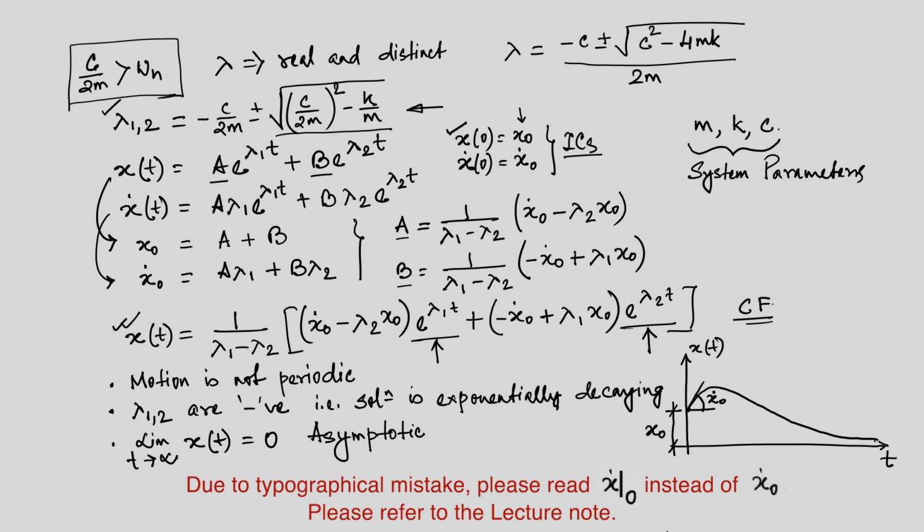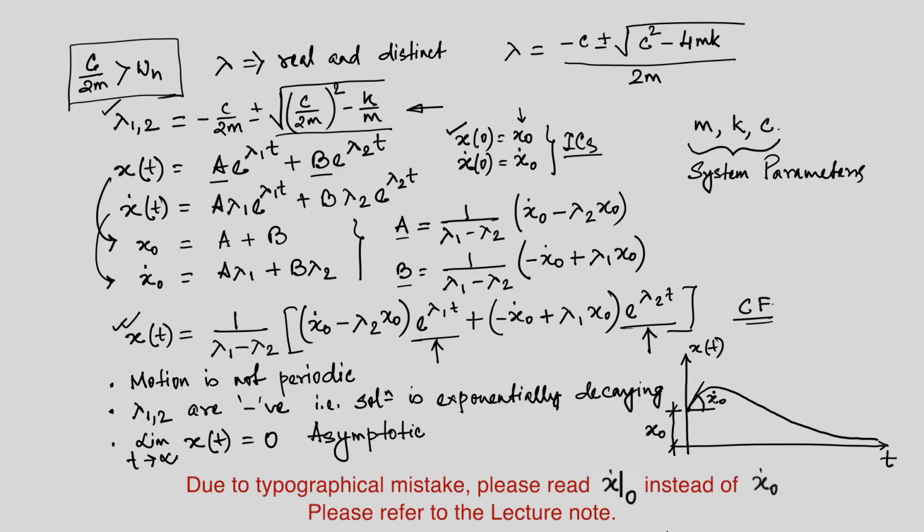Then as time progresses, it will asymptotically go to 0. Now, before we move over to the second case, I will draw your attention that in this case the plot shows a positive x naught dot.